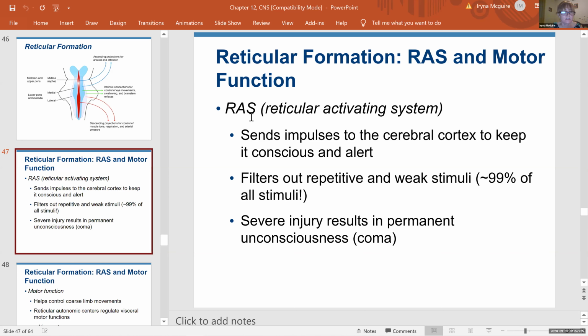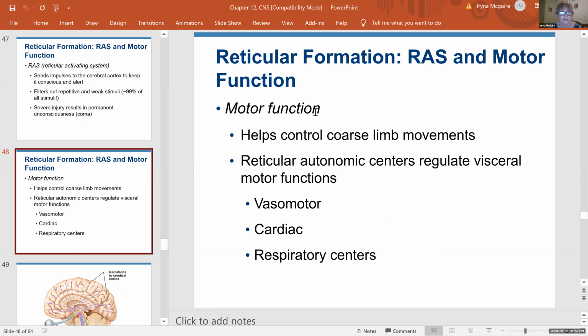So this is the RAS, and another center of the reticular formation is the motor center. It has a motor function. So the first function is to keep you alert and conscious, right? Because when you're not alert and you're not conscious, then you're in coma. And it also filters weak stimuli.